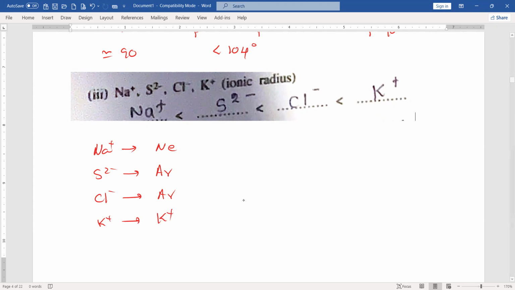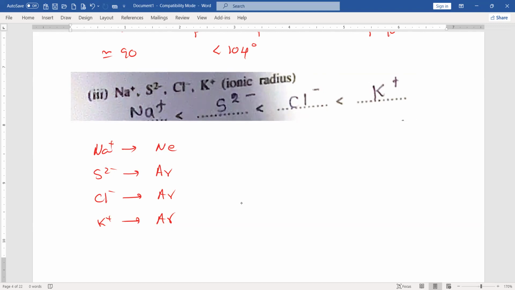When the ions are isoelectronic, the higher the positive charge, the smaller its size. The higher the negative charge, the bigger it is. In this case, S2 minus will be the biggest and K plus will be the smallest.